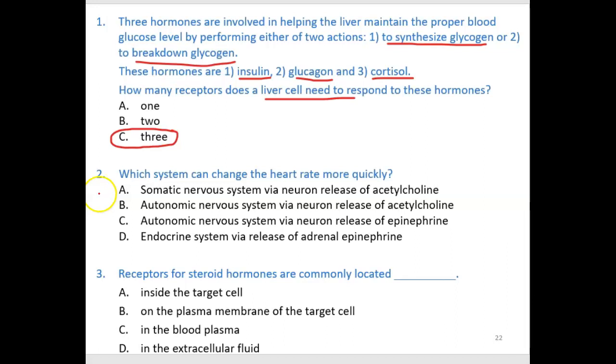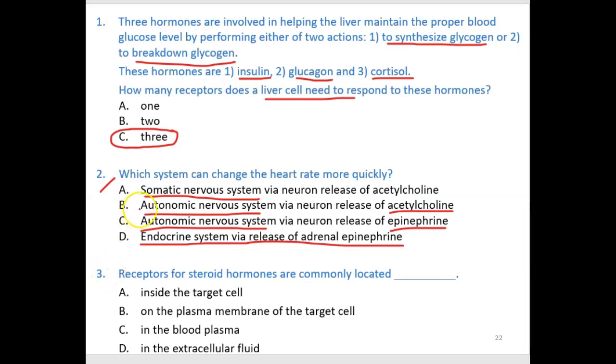Okay, number 2. Which system or process can change the heart rate the most quickly? The somatic nervous system, the autonomic nervous system when it releases acetylcholine, the autonomic nervous system when it releases epinephrine, or the endocrine system by releasing adrenal epinephrine.